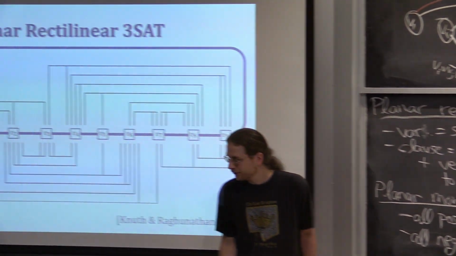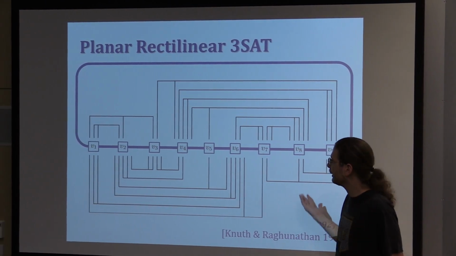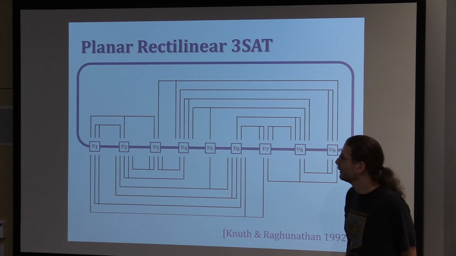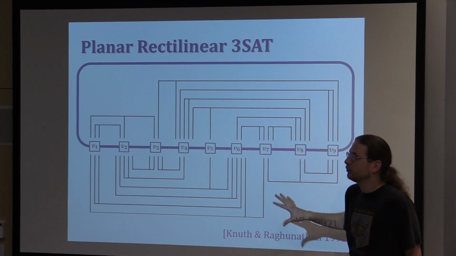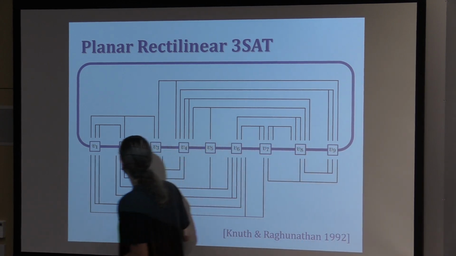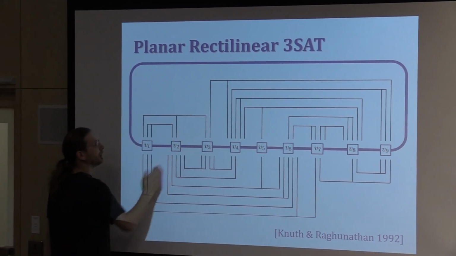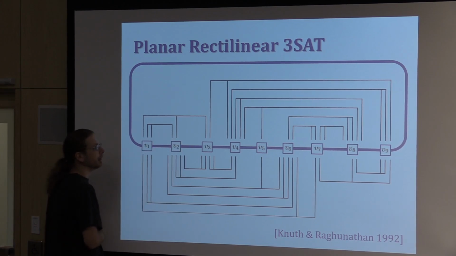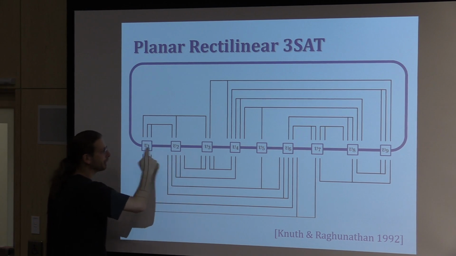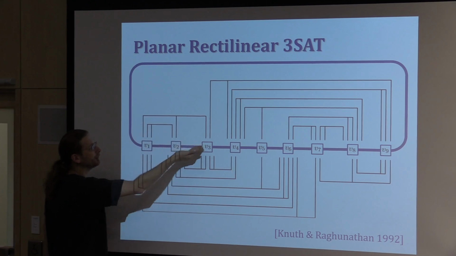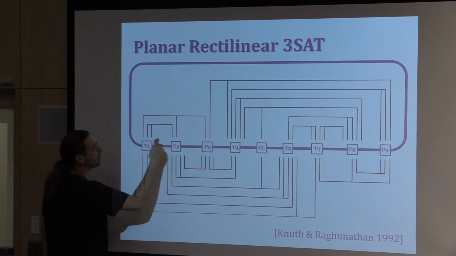I didn't say why, but if you have a planar drawing like we had before, this is just a particularly nice way to make that drawing. I just used the fact that there are no crossings. And I stretched out the variables to decent lengths so that clauses can just go straight down. You can prove any planar graph can be drawn in this way. Any planar graph that has the variable cycle and has some degree 3 vertices that connect to variables, they have to nest in this way.